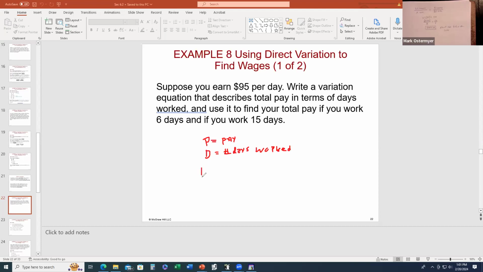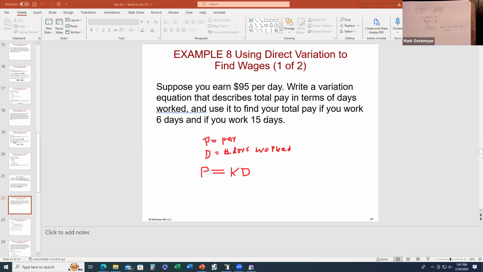Well, and then we can set up a direct variation. Pay is directly proportional to the number of days you work. So P is equal to k times d. Okay, there's your direct variation. Now to find k, we need some information. Well, wait a minute.